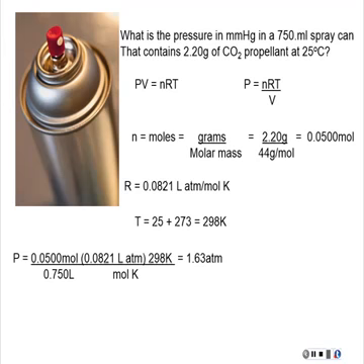Moles will cancel, liters will cancel, Kelvin will cancel, and I get an answer in atmospheres. And because my question really asks for the pressure in millimeters of mercury, I have to convert my 1.63 atmospheres to millimeters, and so I'm going to use my conversion factor, 760 millimeters to an atmosphere, and then I get a final answer of 1240 millimeters of mercury.